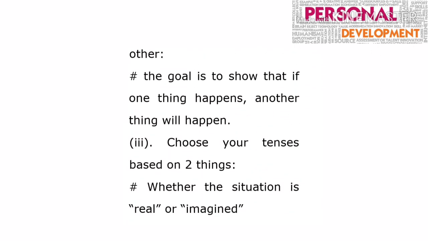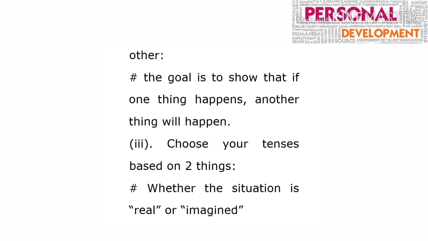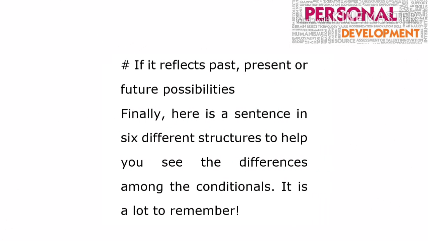The goal is to show that if one thing happens, another thing will happen. Point 3. Choose your tenses based on two things: whether the situation is real or imagined, and if it reflects past, present, or future possibilities.